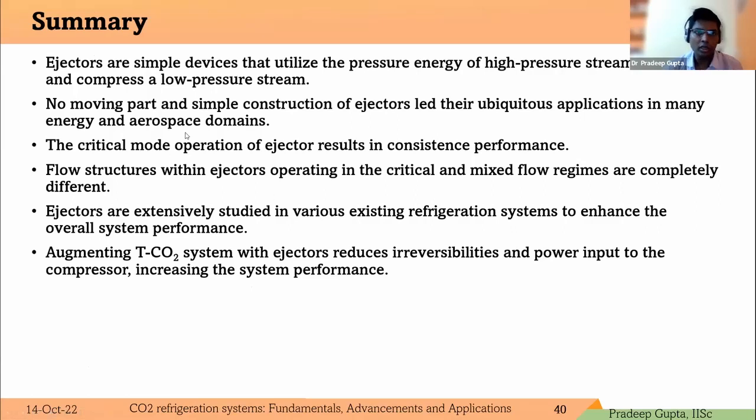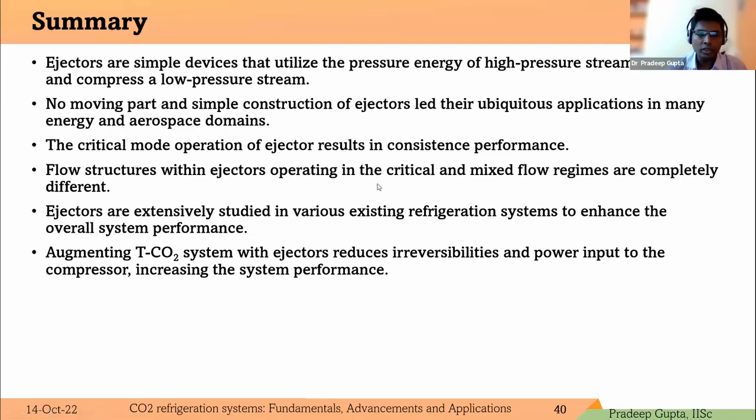Ejectors are simple devices that utilize the pressure energy of a high pressure stream to entrain and compress the low pressure stream. No moving parts and simple construction led to their ubiquitous application in many energy and aerospace domains. The critical mode operation of the ejector results in consistent performance, and that's why we prefer using the critical mode operation for energy applications.